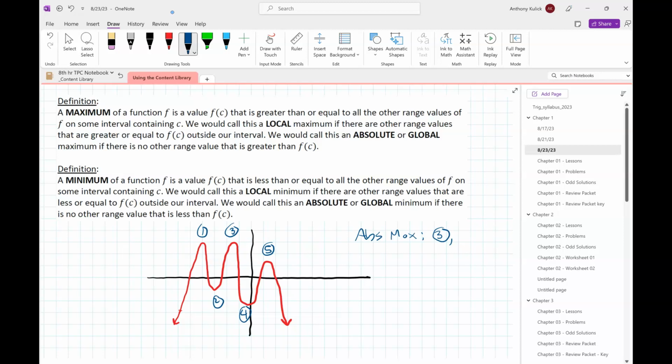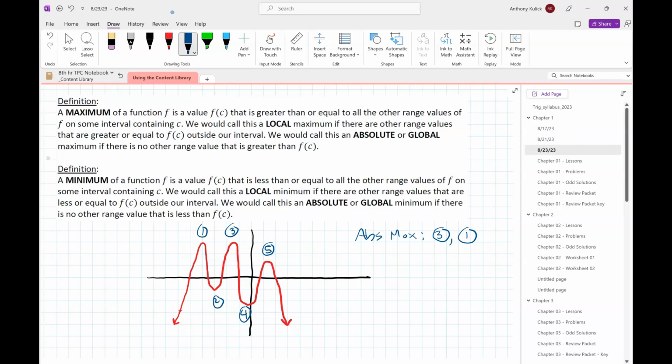Yeah. So it looks like 1 and 3 are the same height, right? They're both the highest on the graph. Those are both absolute maxima. You can have 2 or 3 or 4 or 5 or as many as you want as long as they're tied for first, which those are.